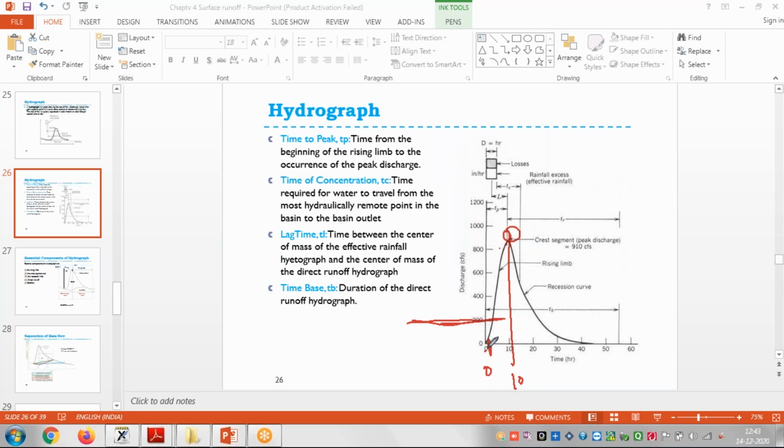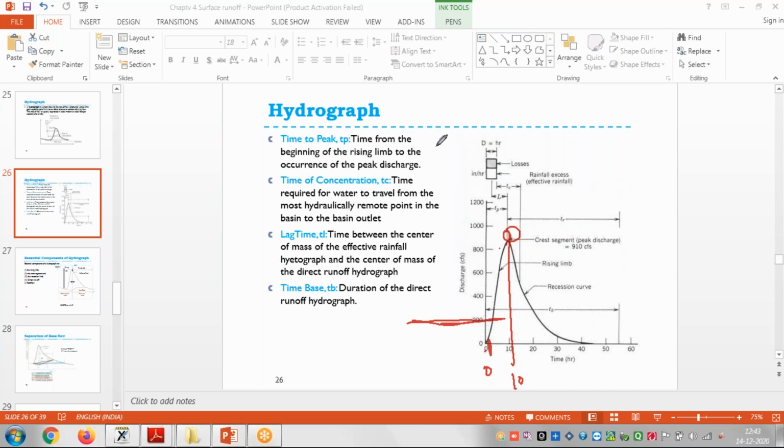Whatever time is required to reach the highest value of the discharge from 0, we say that is the time to peak. The time from the beginning of the rising limb to the peak discharge is the time to peak.